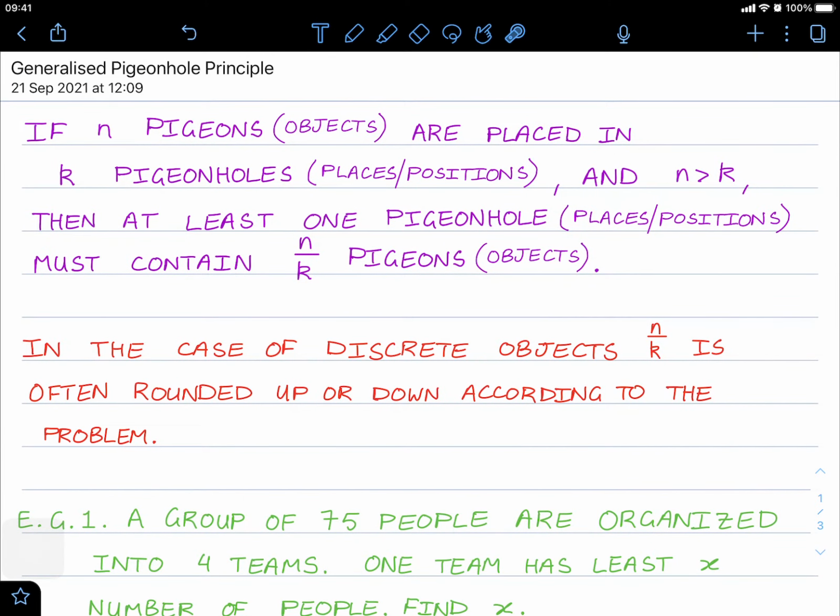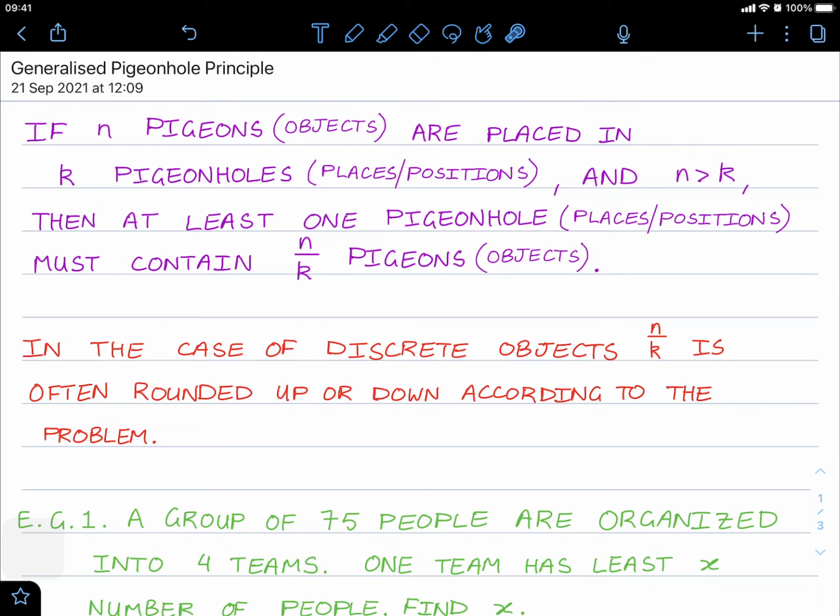In this one, this is kind of a reversed version of this. What this says is if we have n pigeons and they are to be placed into k pigeonholes, or positions, and n is greater than k, meaning the number of objects is greater than the number of positions, then at least one pigeonhole must contain n divided by k pigeons or objects.